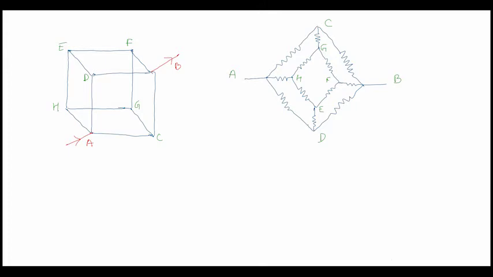Using the symmetry method, I can remove this resistance, this part over here and this part over here, and then this part over here. If I redraw this circuit, this is what it is going to look like. Because of symmetry, I have removed these resistances because they are equipotential. Now we can easily solve this particular problem.